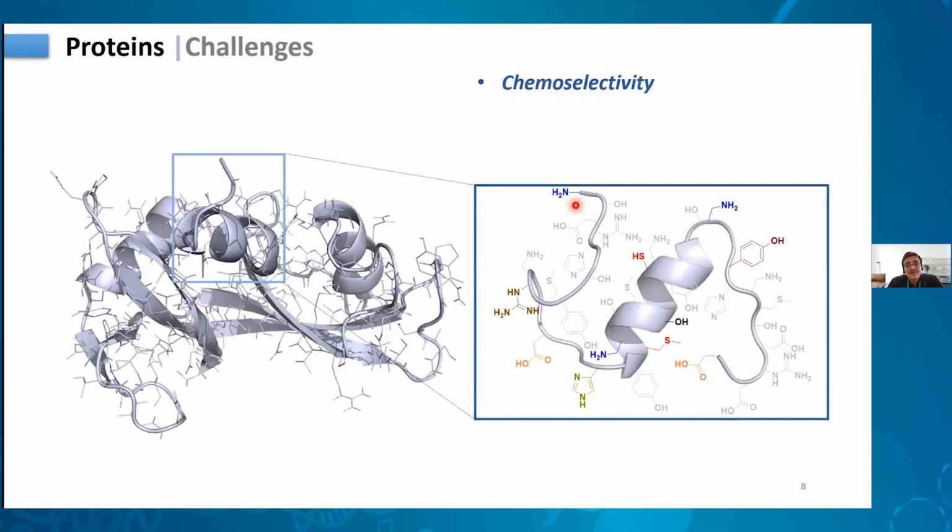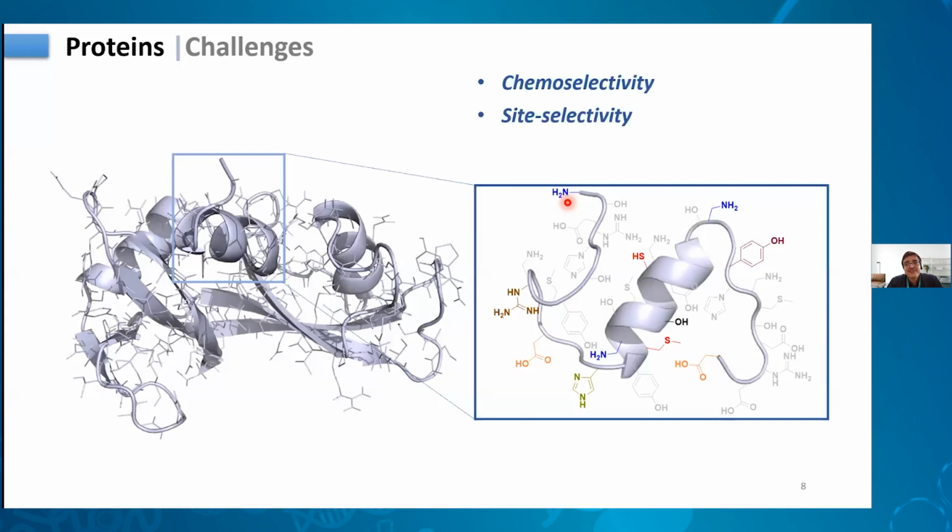So this electrophile will have to then figure out how to differentiate one particular site from all the other copies that are present in there. And that is what I'm going to term as site selectivity in the rest of my talk.